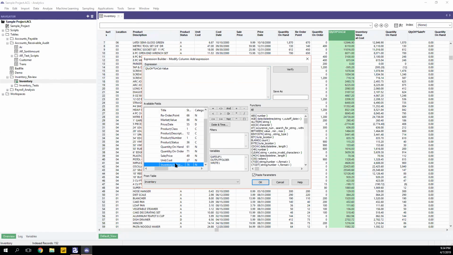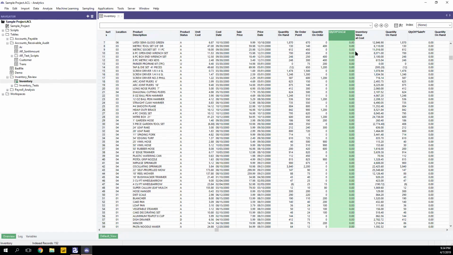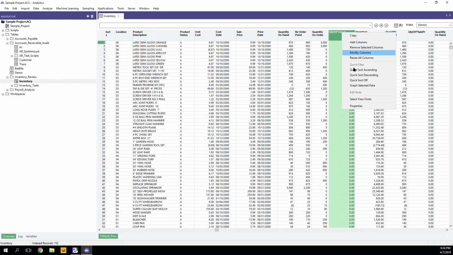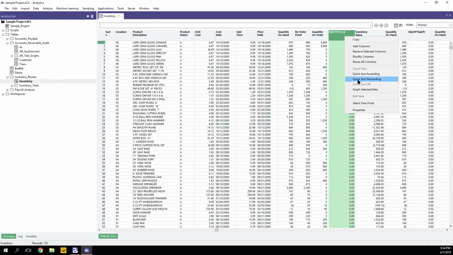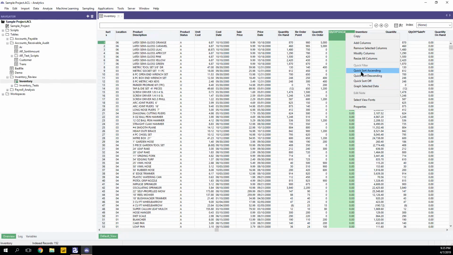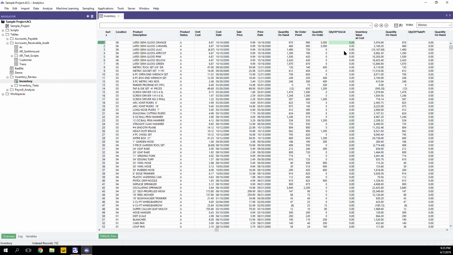It's just got documented in there in its title. Now, again, if there's any errors, I'll end up with a non-zero amount. Quick sort ascending. Yep, there we go. Okay, so those two things all matched.